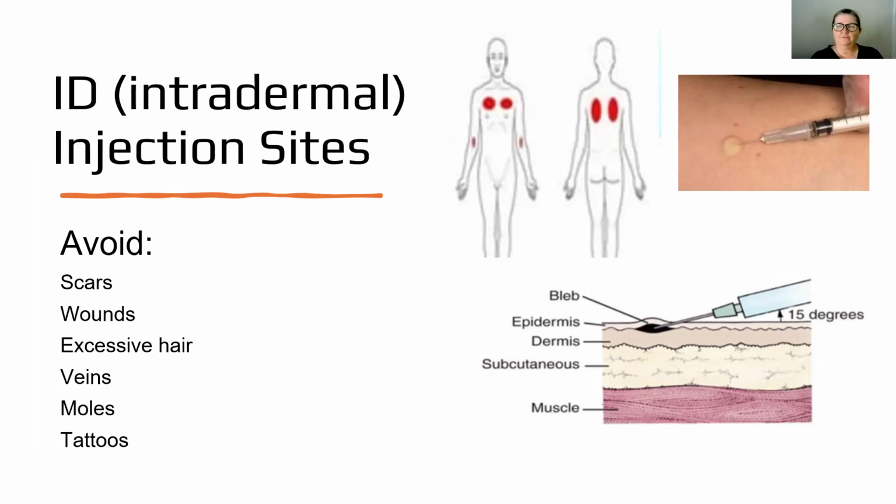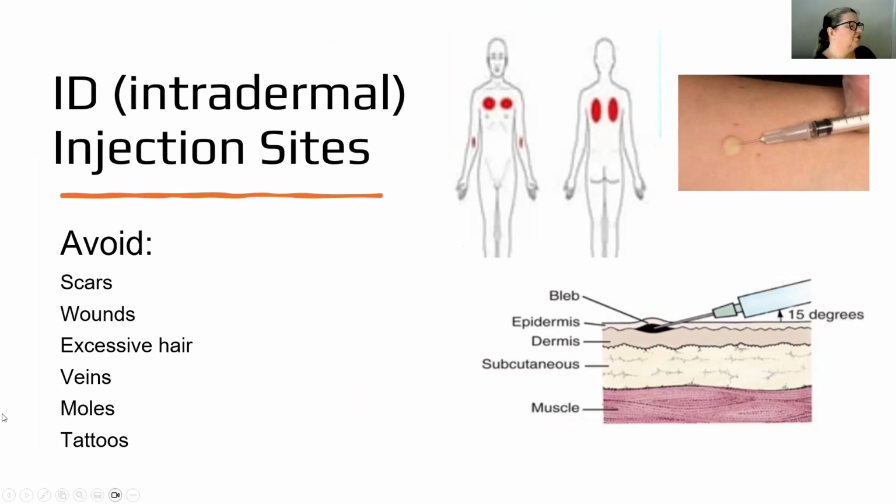Especially if you have somebody who has really dark tattoos, it's very difficult to see that wheal come up. So if you can avoid them, get in between them, get a lighter one, something. That's fine, but there's nothing wrong with injecting into it for sake of injection.